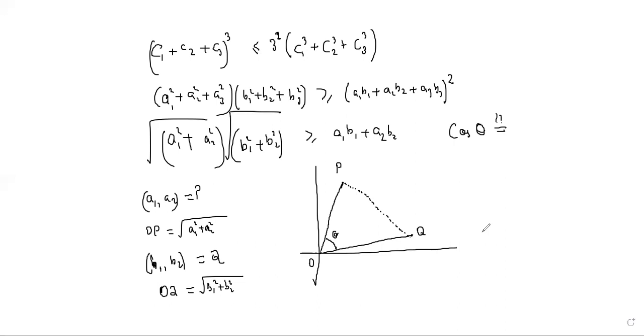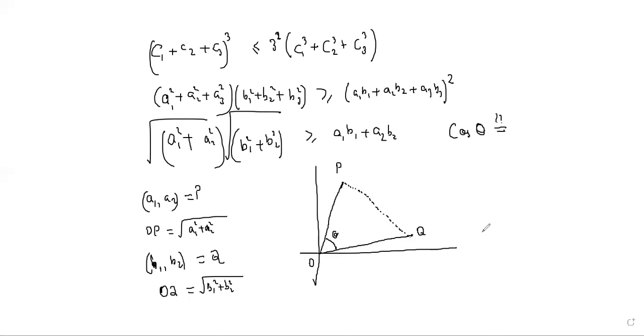Yeah, but it's not a right angle, right? So PQO is not a right angle. Obviously, if it's a right angle, then there's nothing to do, but it's not. So then how do you do it? Have you studied the cosine rule? So you know the cosine rule? Okay.